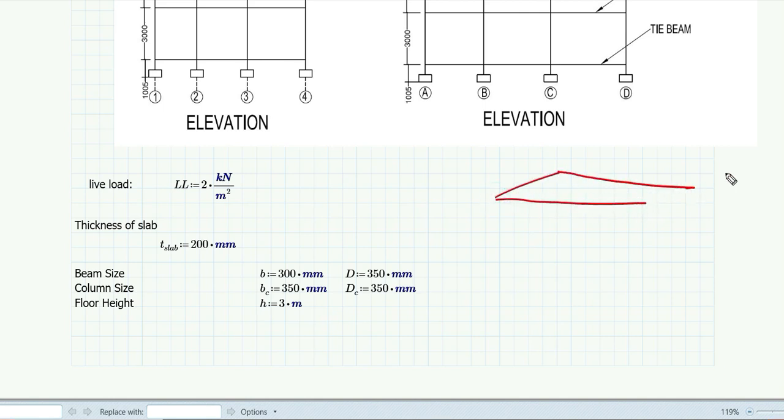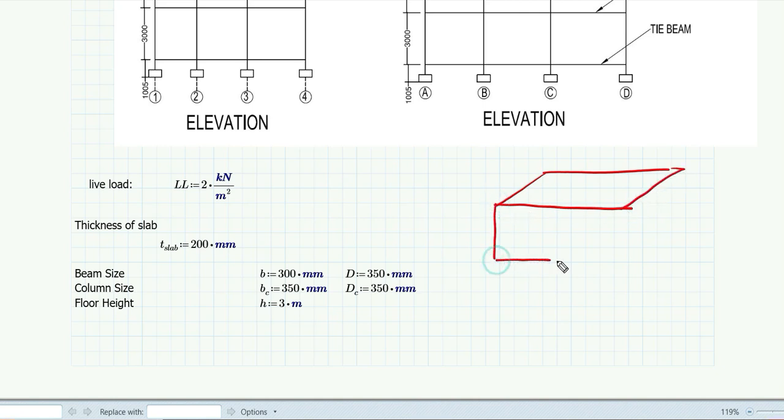Suppose this is the building, suppose this is the roof, then we have the first floor over here, then we have the ground floor.